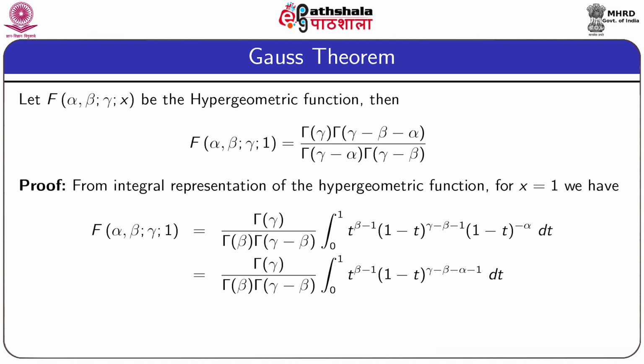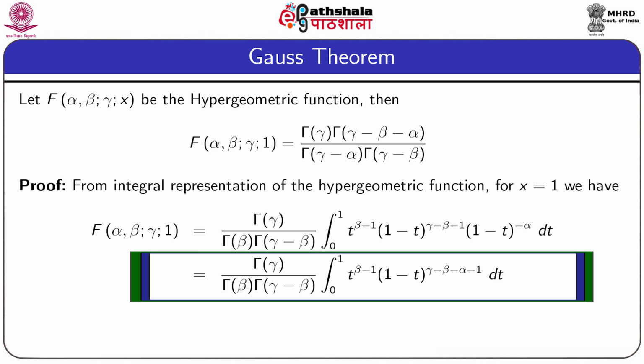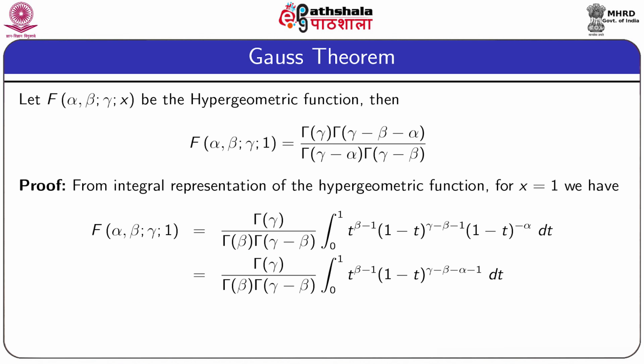We simplify these two expressions and we will get gamma function gamma divided by gamma function beta into gamma function gamma minus beta, integration 0 to 1 t to the power beta minus 1, (1 minus t) whole to the power gamma minus beta minus alpha minus 1 dt.